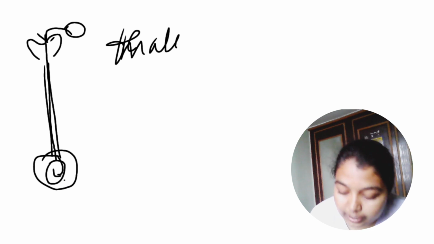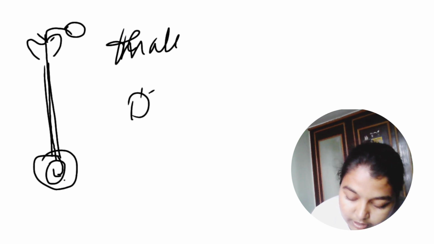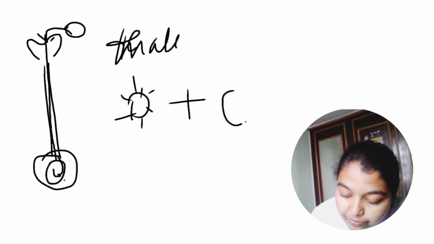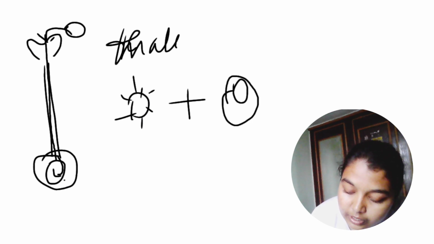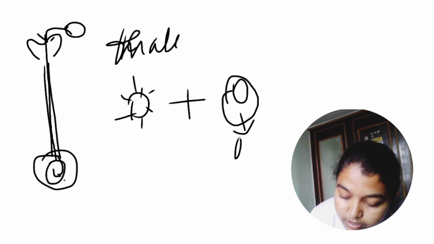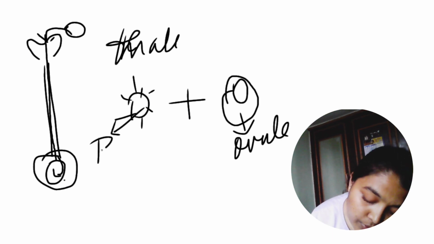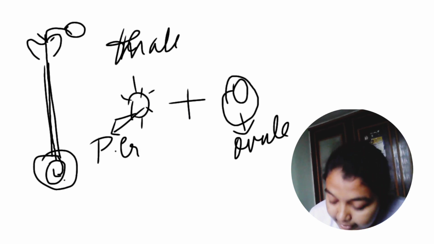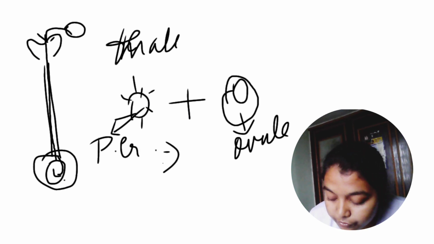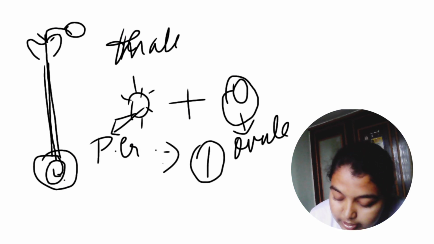So when these two meet, this is the ovule and this is the pollen grain, there is a formation of the zygote.